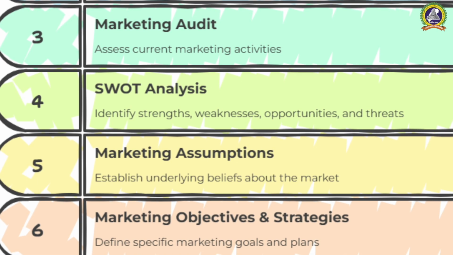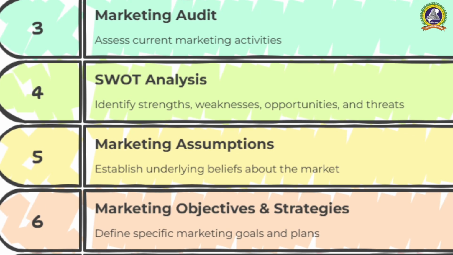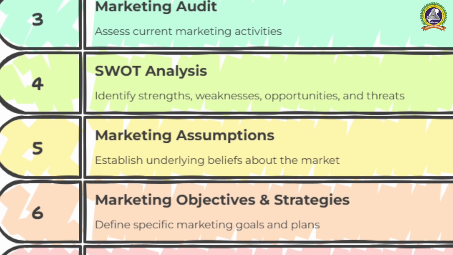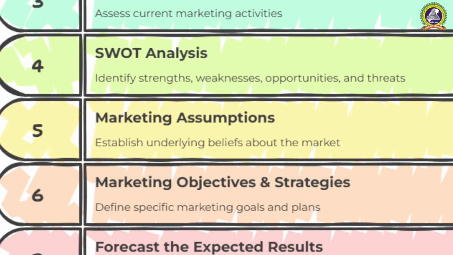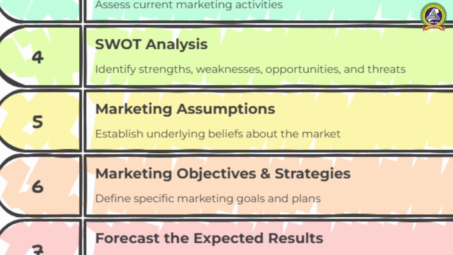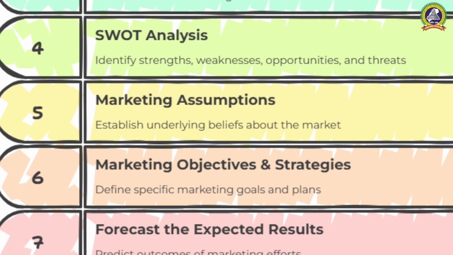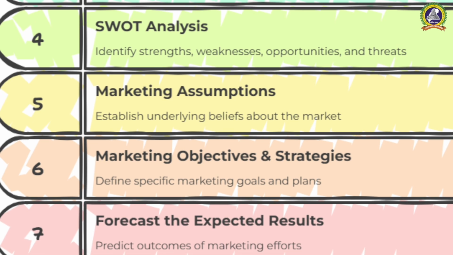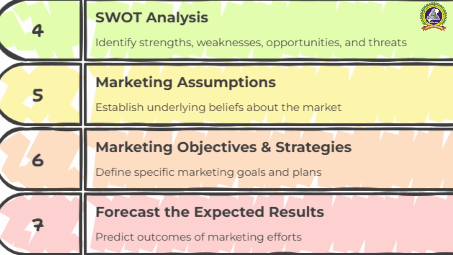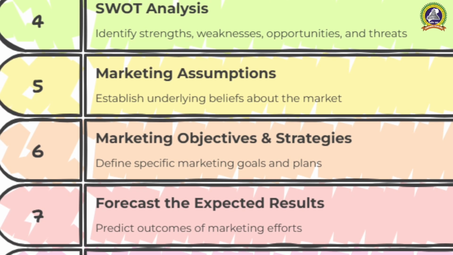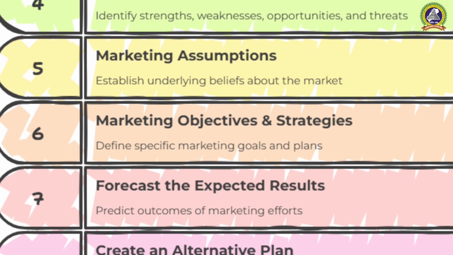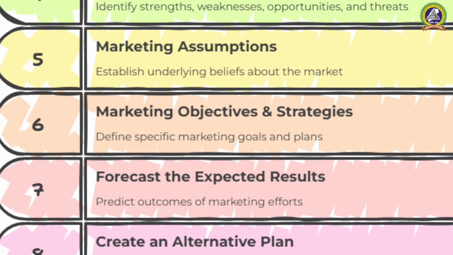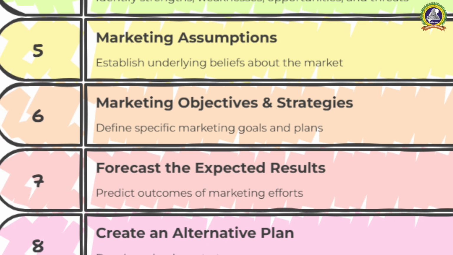Once this is established, we state our key assumptions to create a stable and realistic foundation for decision making. By building on this, we set our marketing objectives, which means what exactly we want to achieve, and our strategies, which define how we plan to achieve them. We then forecast the expected results, making the plan both measurable and realistic.